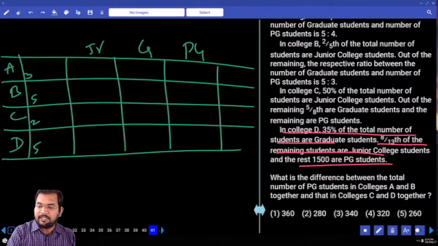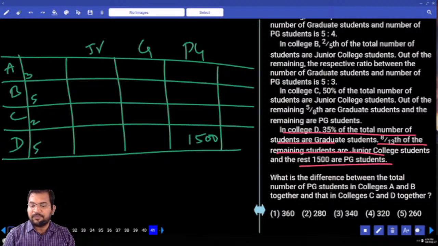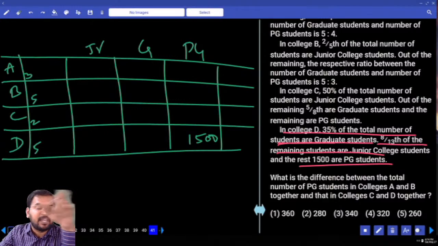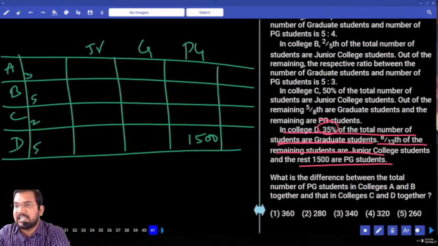And in college D, PG students are 1500. Are you clear? 35% of the total students are graduates, so the remaining 65% are there.